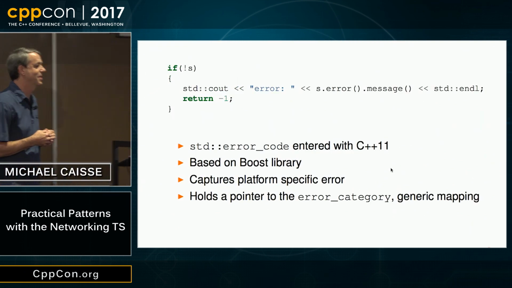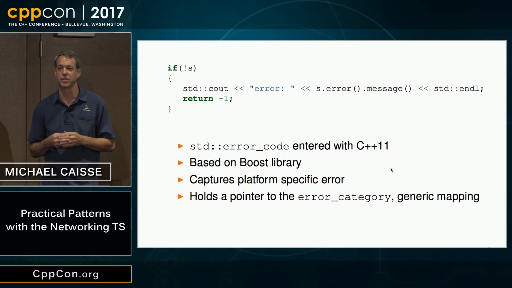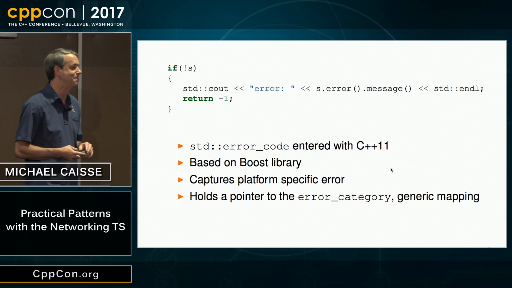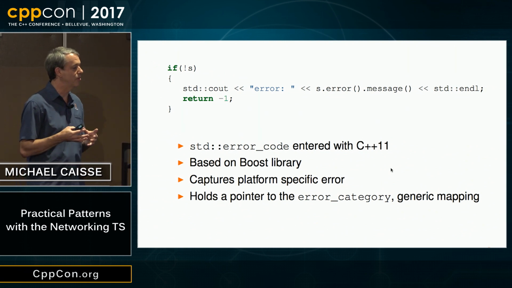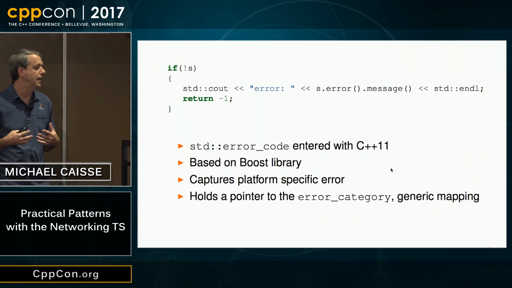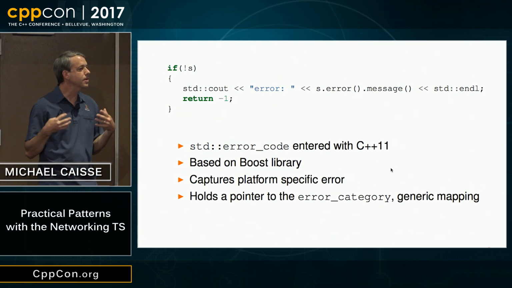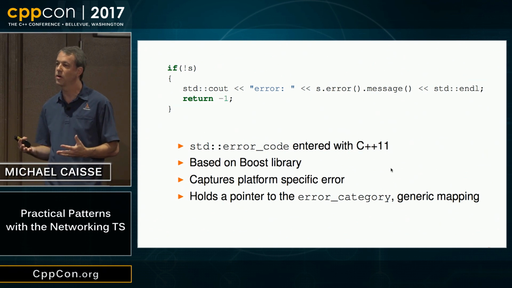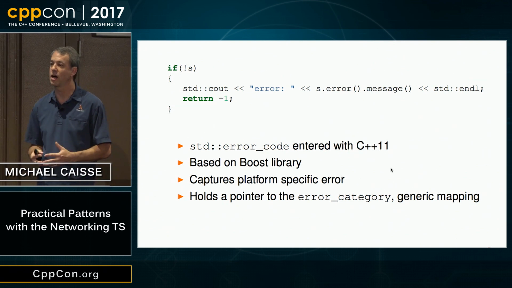So what is this error code? Error code entered into C++11. Error code is really a great idea. And the idea of error code is that we could talk about error categories, errors that are of a specific type that we might be interested in. And those categories are these high-level concepts.